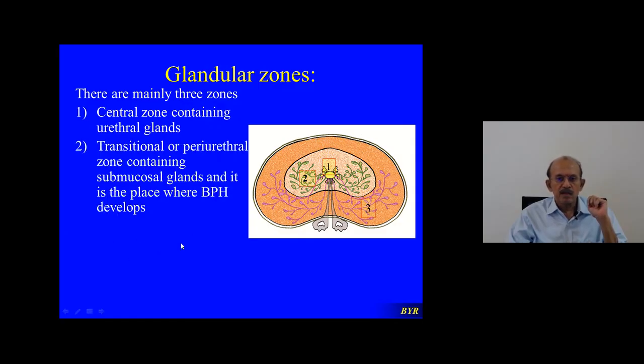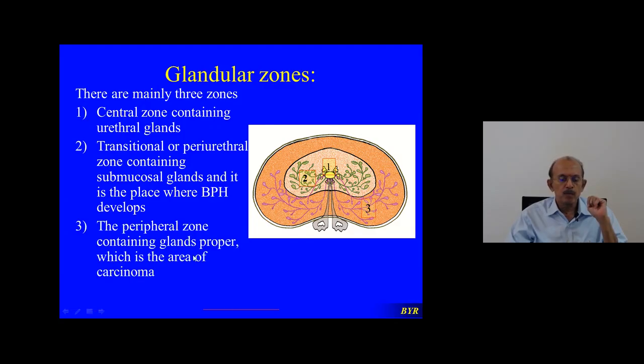Then the second zone is the transitional zone or periurethral zone containing submucosal glands, and it is the place where BPH develops. The third one is the peripheral zone containing glands proper, which is the area of carcinoma. So there are three zones. One, urethral zone. Second is the periurethral zone. Third one is the peripheral zone.